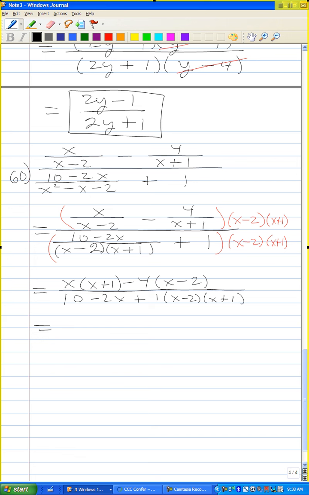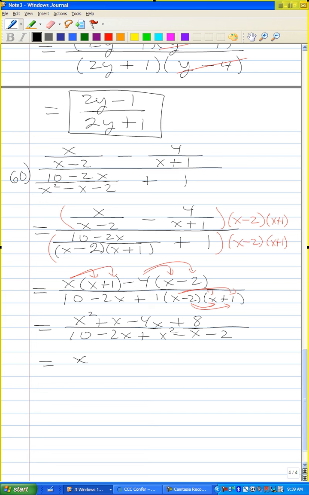So if I multiply the x in the parentheses, the negative 4 in the parentheses, and multiply this out, I get x squared plus x minus 4x plus 8 over 10 minus 2x plus x squared minus x minus 2.